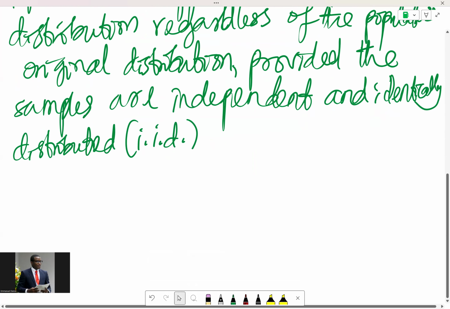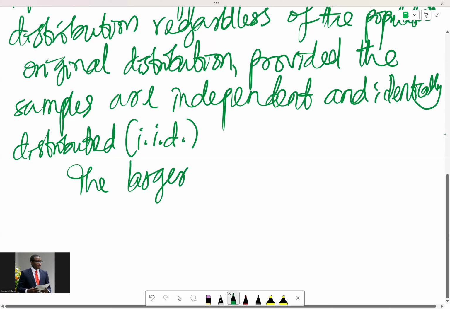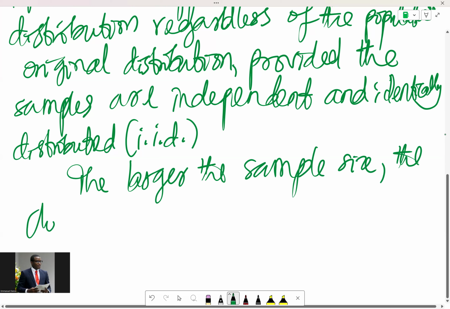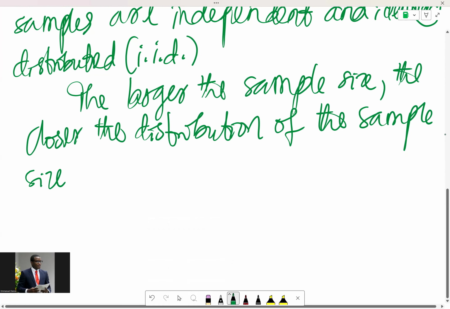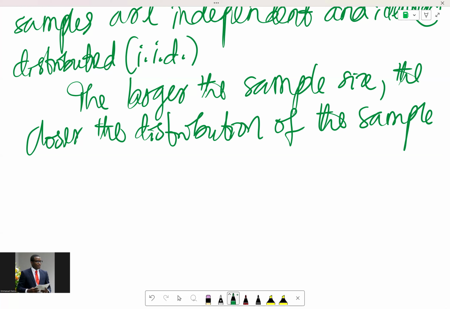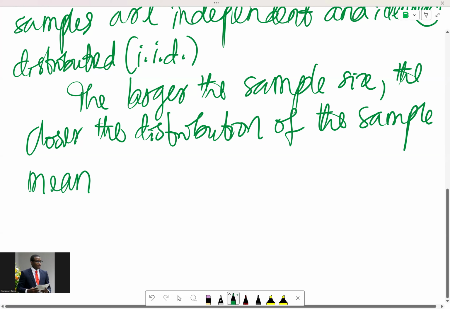So the larger the sample size, the closer the distribution of the sample mean gets to normality.